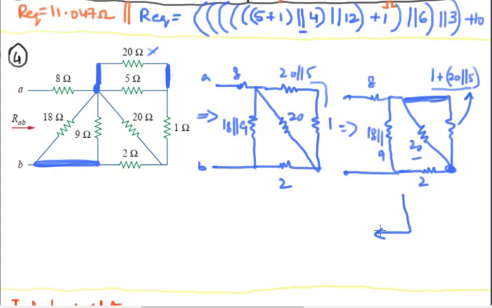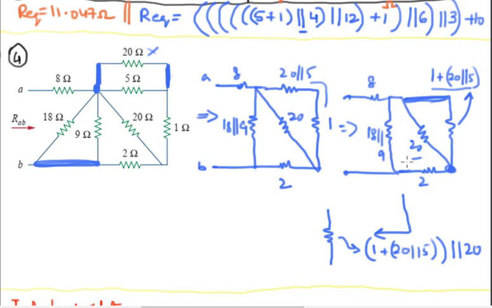Both of their ends are connected to the same pair of nodes, and I'm going to reduce them into a single resistor like this, and this resistor is going to have a resistance 1 plus 20 parallel 5, the first resistance, and this whole thing is in parallel with 20 ohms because these two are in parallel.